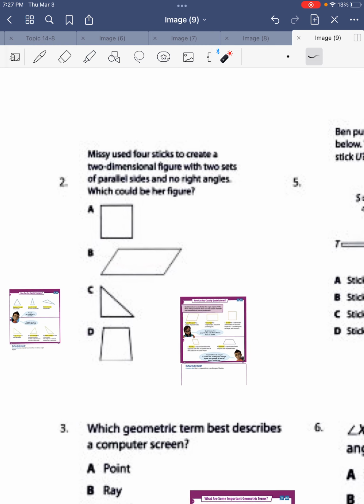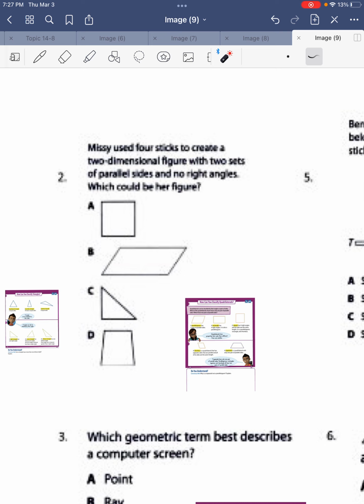Okay, number 2 says, Missy used 4 sticks to create a 2-dimensional figure with 2 sets of parallel sides and no right angles. My question's asking which could be her figure. Okay, so she used 4 sticks. Her 4 sticks just mean her 4 sides. Okay, and it says with 2 sets of parallel lines.